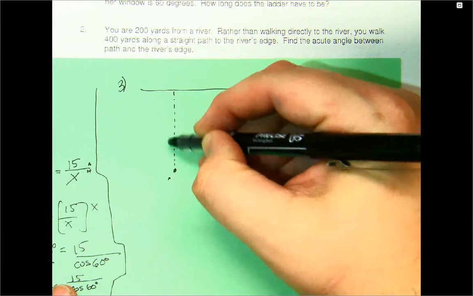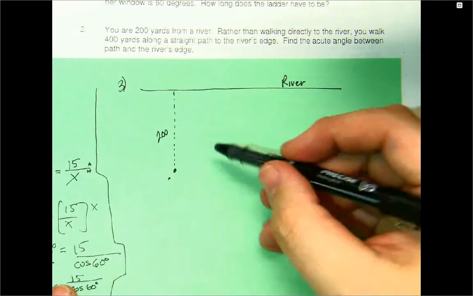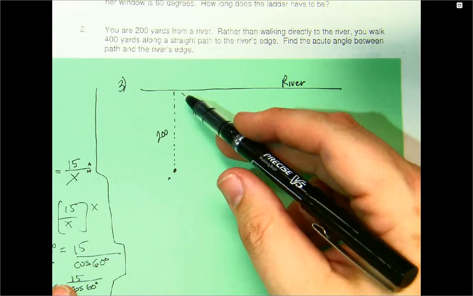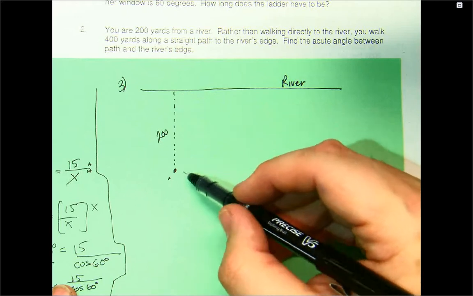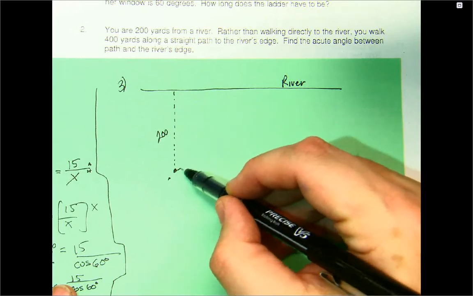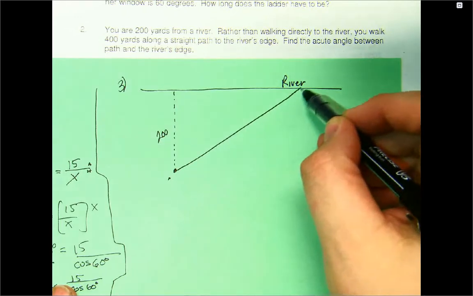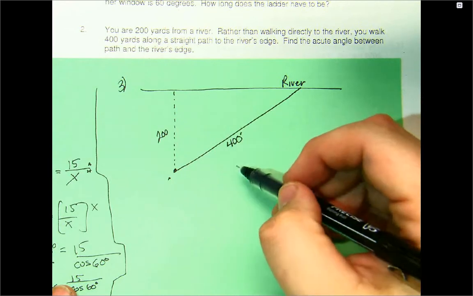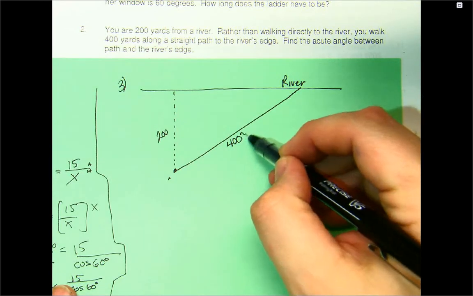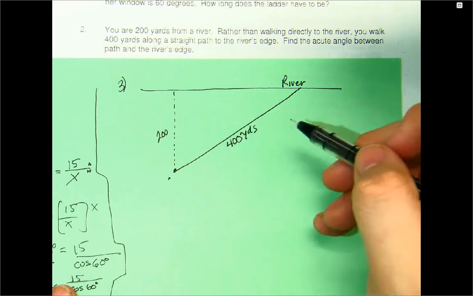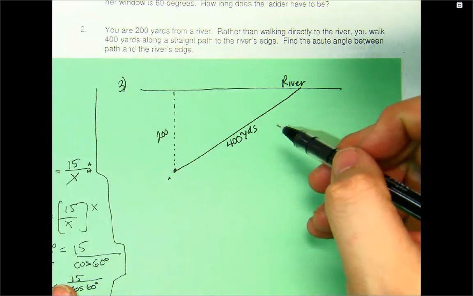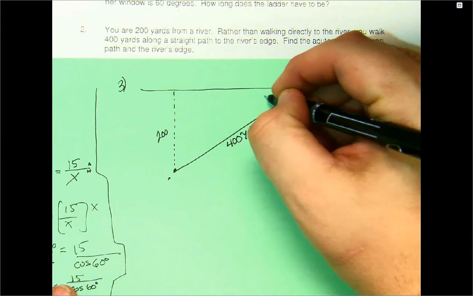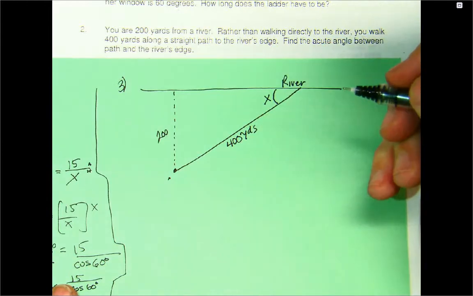And instead of walking straight towards it, you walk along a path that's 400 yards to the river. And we want to figure out what this angle is. So we want to figure out what x is. Now we haven't done something where we're trying to figure out what the angle is.